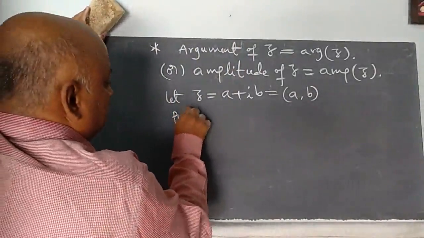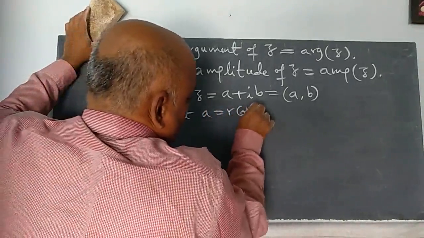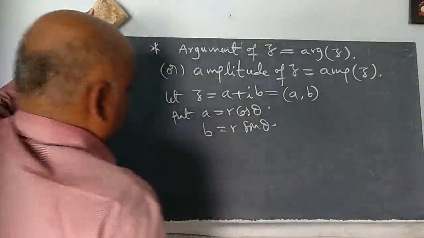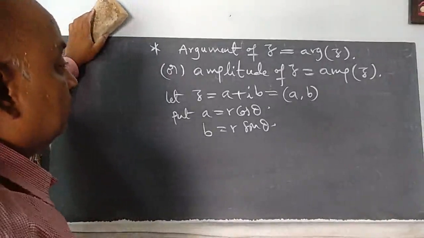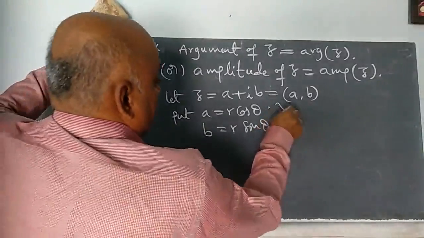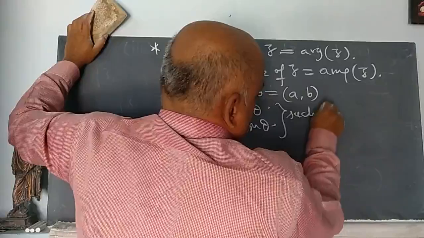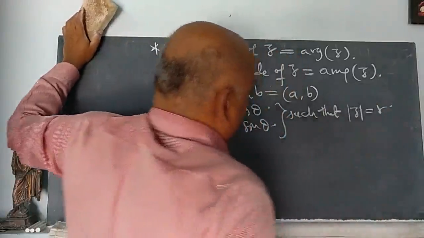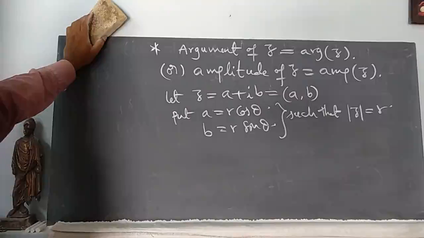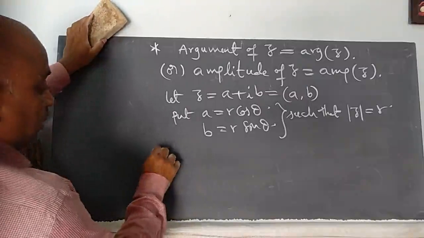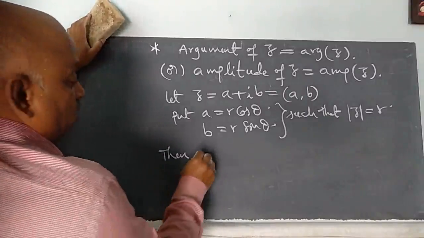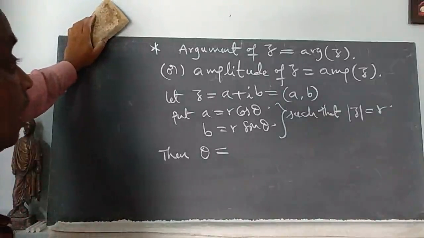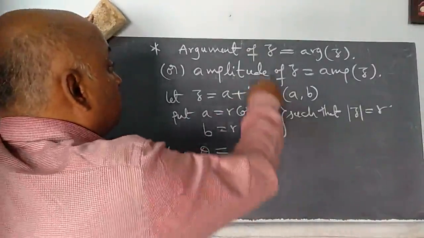Put a is equal to r cos theta, b is equal to r sin theta, such that mod z is equal to r. Then the value of theta is called the amplitude of z or argument of z.